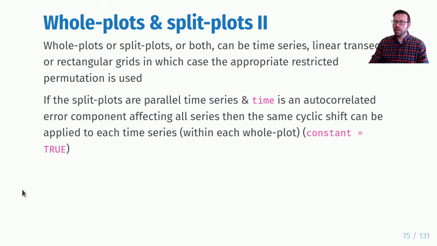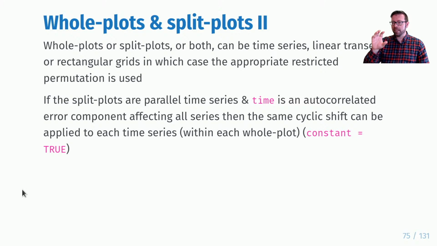Okay. And another thing that you can do with permute is if the split plots are parallel time series, and time is sort of an autocorrelated error component affecting all of the time series, then essentially what that's saying is that each observation at the same time, whether they're in whole plot A, B, or C, they're all experiencing the same time.